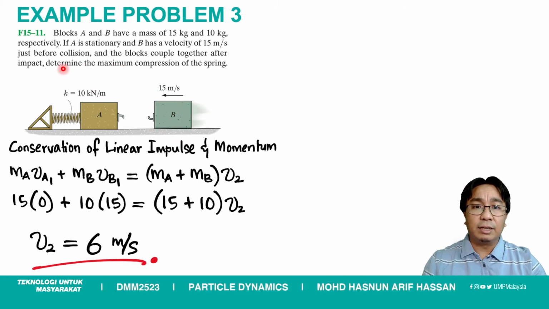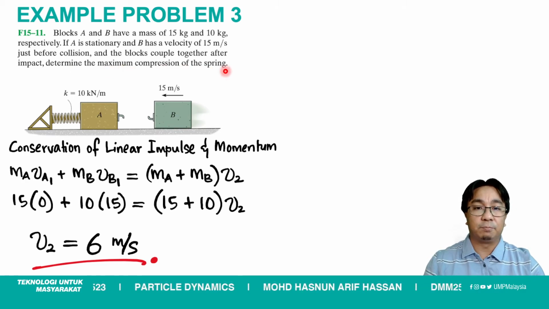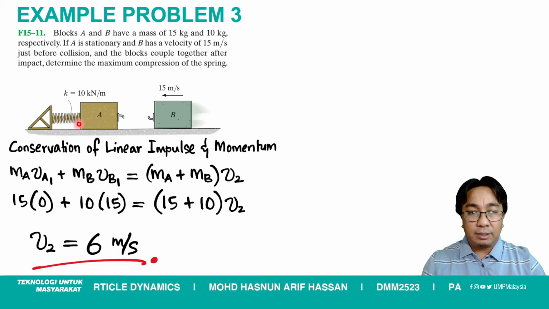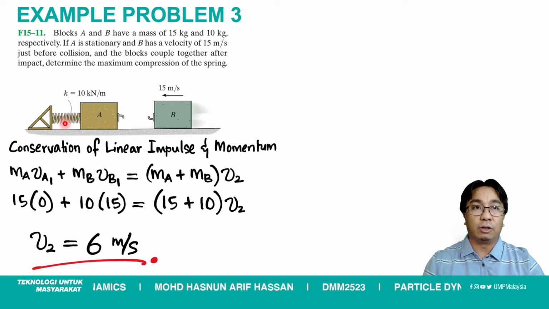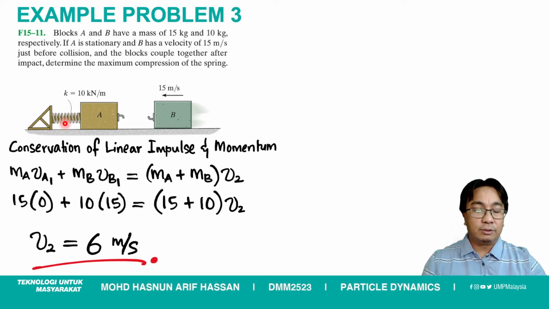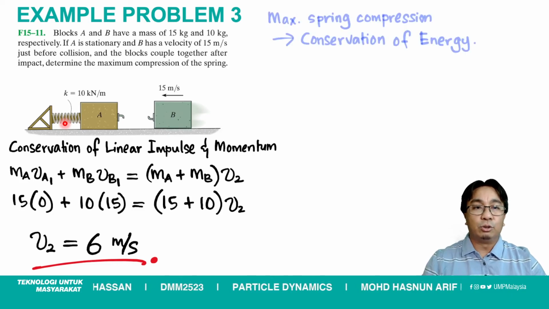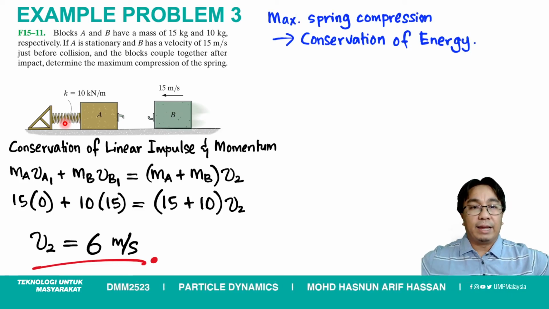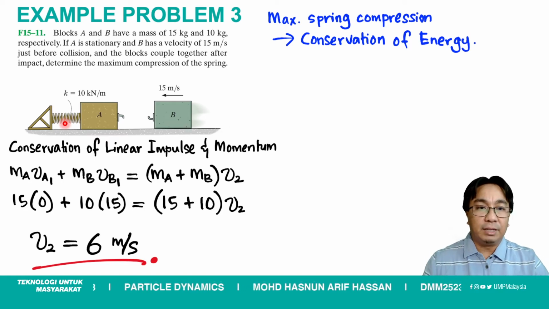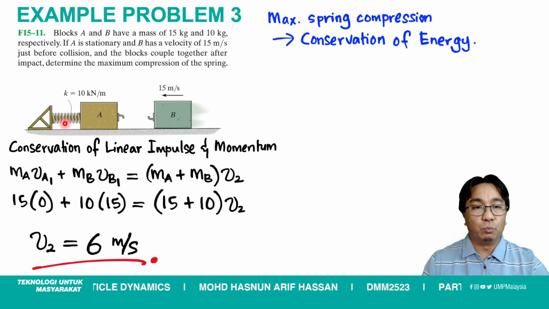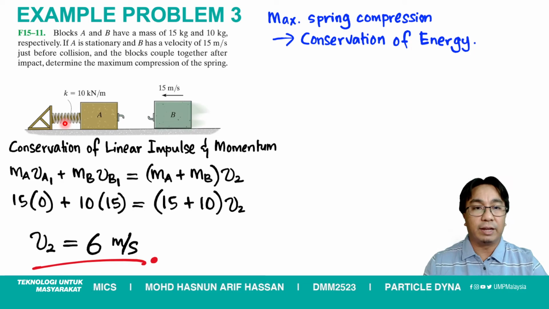How do we determine the maximum compression of the spring? Maximum compression involves the change of displacement. When we talk about displacement, remember we need to go back to the work and energy chapter, and therefore to determine the maximum spring compression we need to use the conservation of energy.